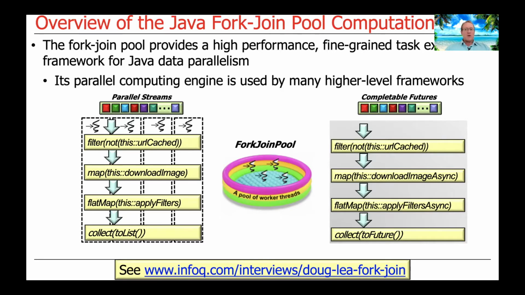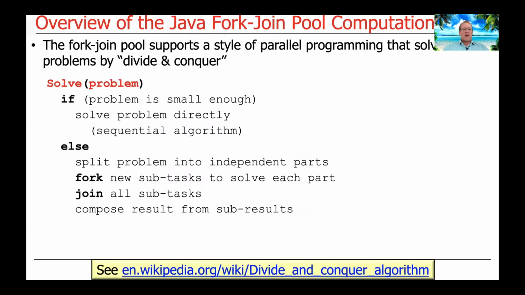Java Completable Futures, which is another interesting framework, uses the fork join pool for its processing by default, although you can override various methods and executors when you create a Java Completable Future to have it use other computing engines. But by default, it also uses the common fork join pool. So this obviously must be an important class or framework if it's used throughout these other parallel computing engines.